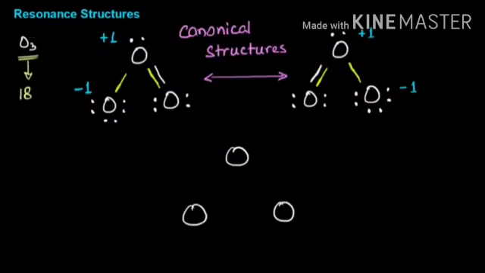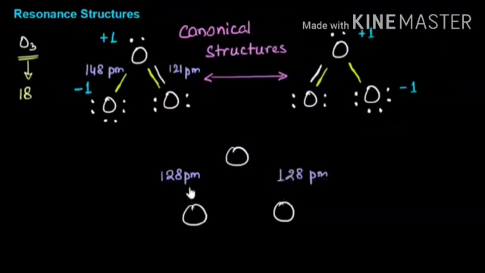We know that the bond length of a single bond is greater than a double bond. Here the bond length of the double bond is 121 picometer and the single bond is 148 picometer. But in the actual structure, the bond length is in between single and double bond, meaning all the bond lengths are the same.